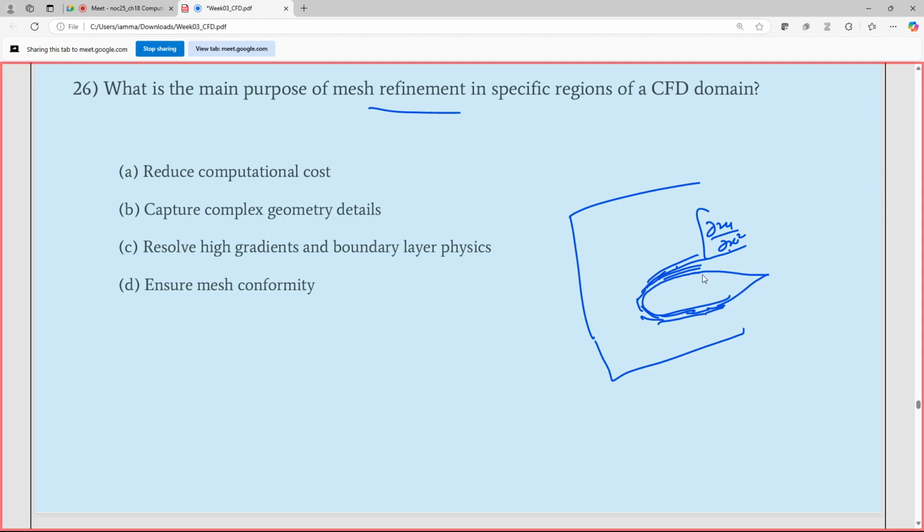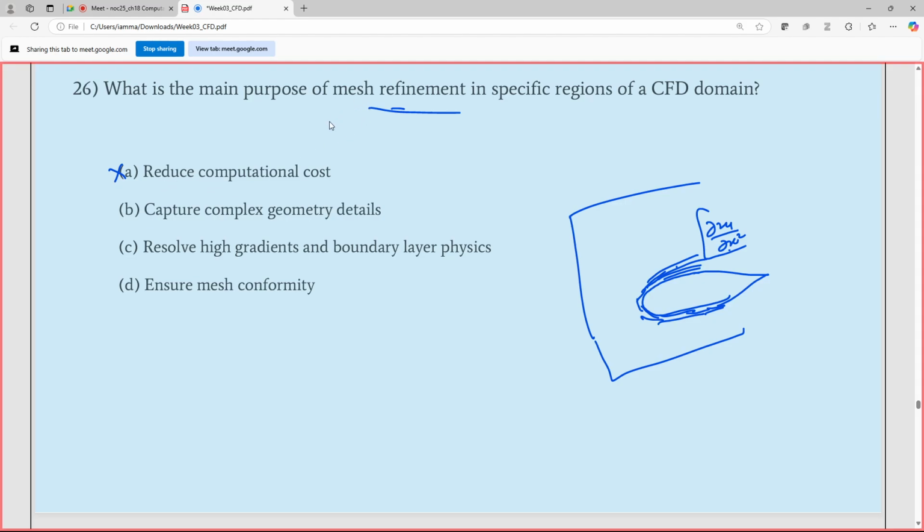So there we need fine meshing, I mean very small delta x. So in such places, mesh refinement is mostly needed.